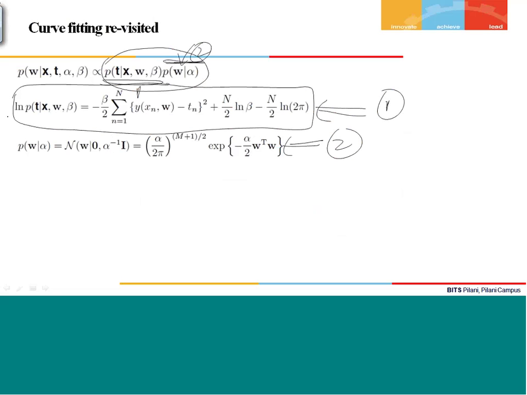When I take the log of this, it is nothing but ln of alpha upon 2 pi to the power m plus 1 divided by 2, plus the log will cancel with this exponent, and what will come is minus alpha upon 2 w transpose w. This is the expression that I get.